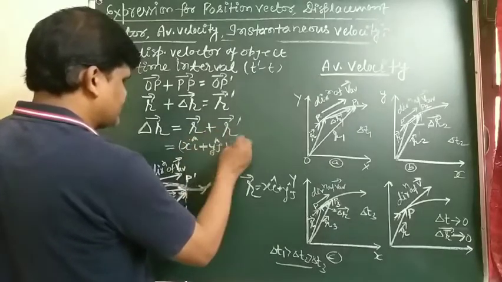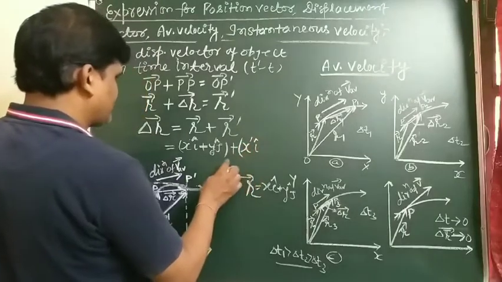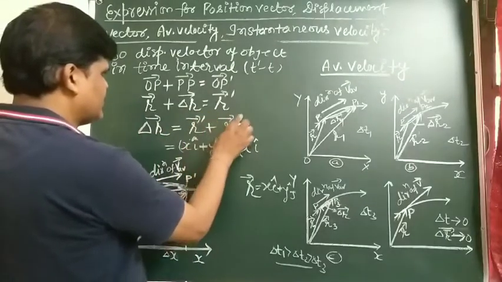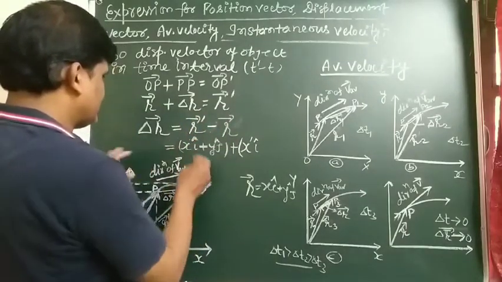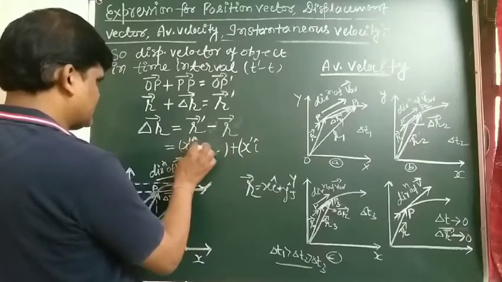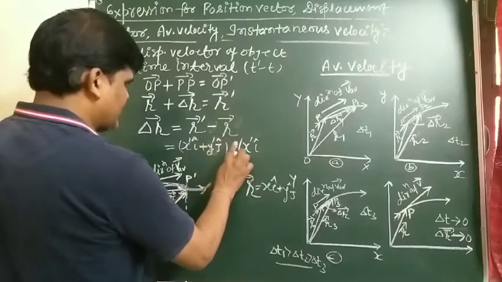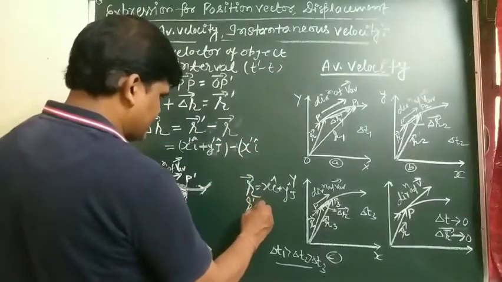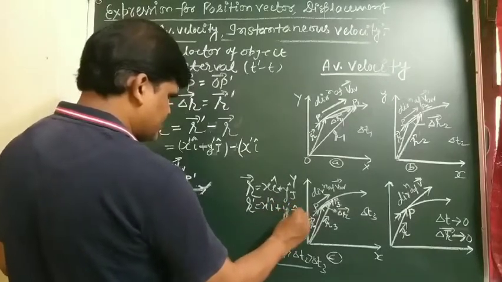Similarly, r dash is x dash i cap plus y dash j cap.